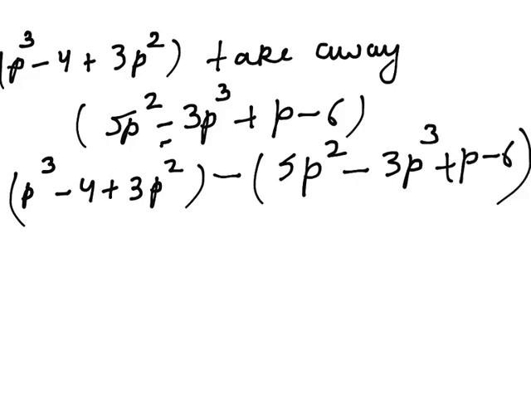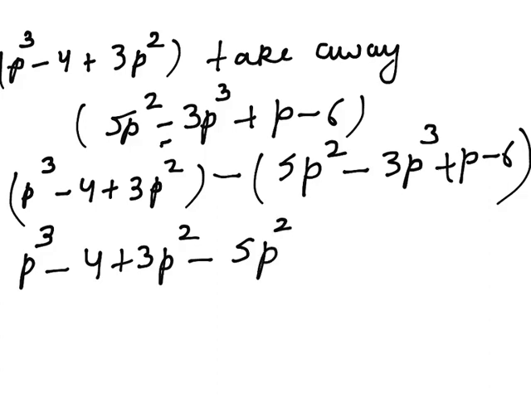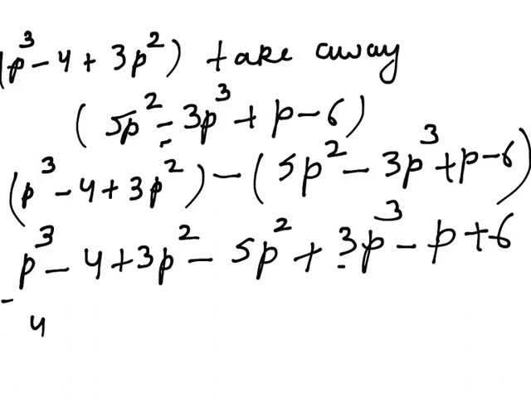So now let's start opening the braces. P cube minus 4 plus 3p square minus 5p square, it will give us plus 3p cube. Minus and plus will be minus p, minus and minus will be plus. Now let's start collecting the like terms. P cube and 3p cube will give us 4p cube. Minus 4 and then plus 6 will give us plus 2.